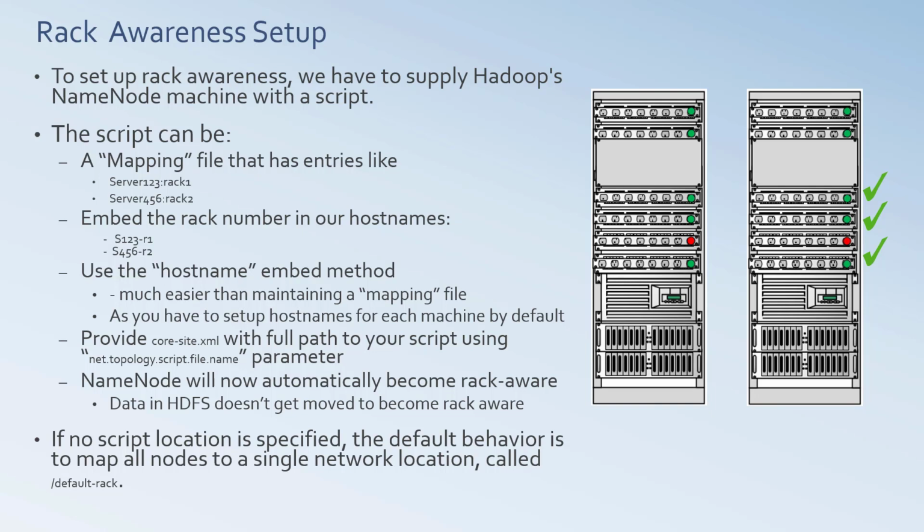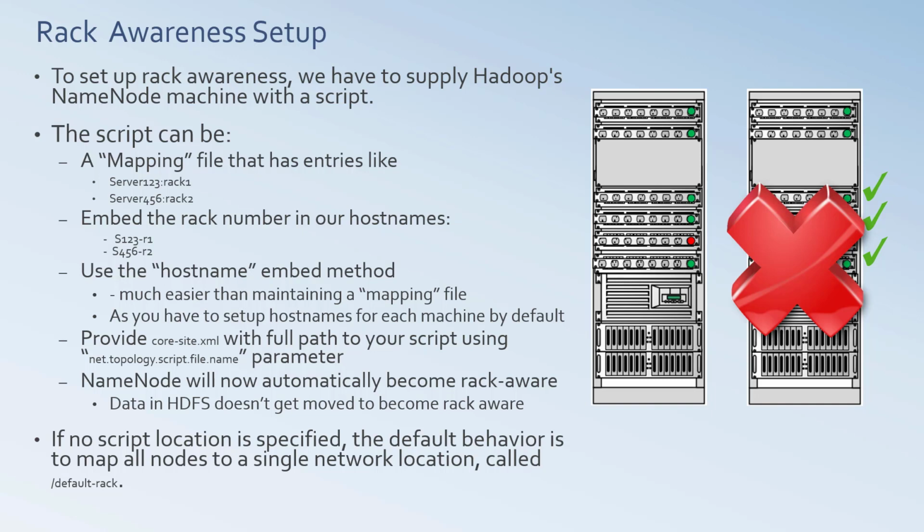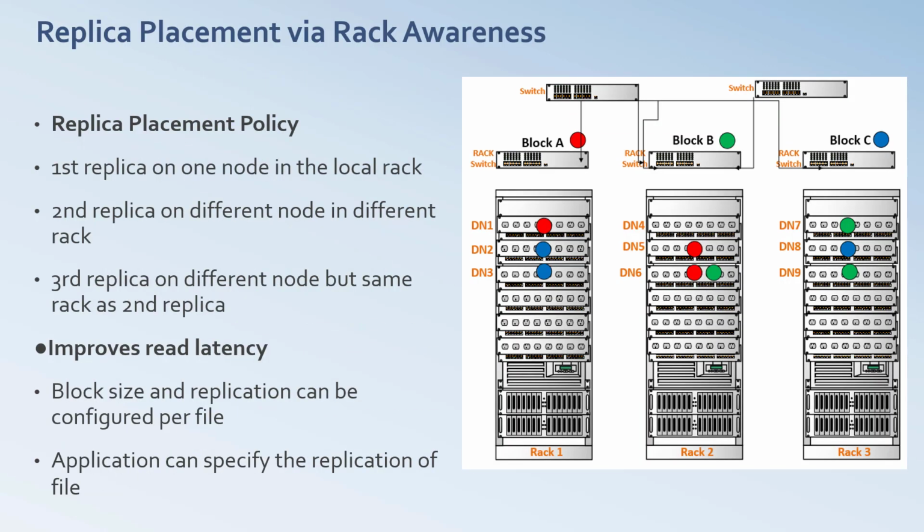So this has been rack awareness, and we've covered why it's important, along with some configuration options and the flow of your write through a rack aware cluster. By default, if no script location is specified, the default behavior is to map all the nodes to a single network called /default-rack.